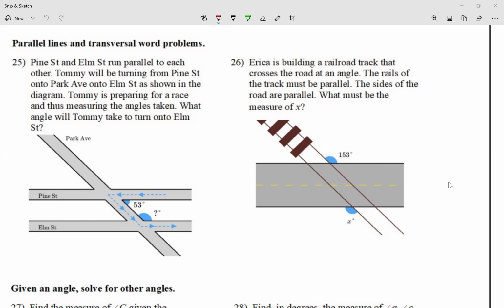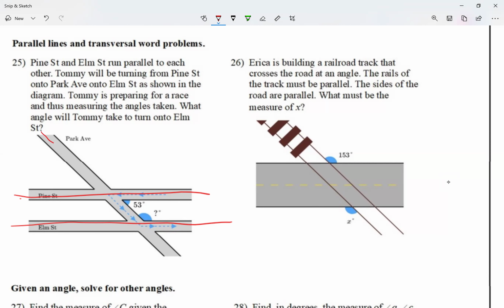Pine Street and Elm Street run parallel to each other. So this street, Pine Street and Elm Street, are parallel. Tommy will be turning from Pine Street onto Park Avenue onto Elm Street as shown in the diagram.